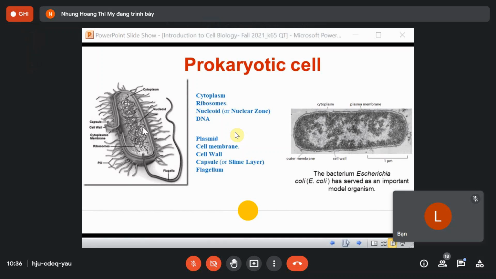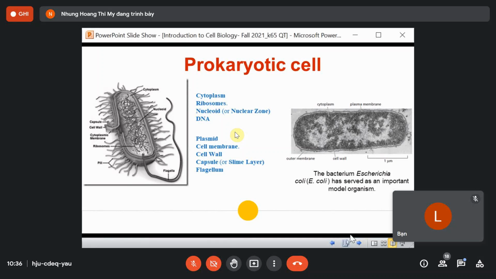Surrounding the cell, they have the cell membrane and also the cell wall. In some types of cell like E. coli, they have an outer membrane and an inner membrane, and a cell wall between the two membranes. Other cells have flagella, or some filaments surrounding the cell.